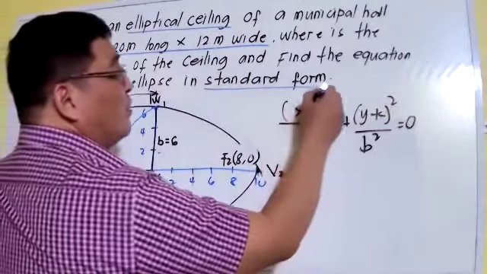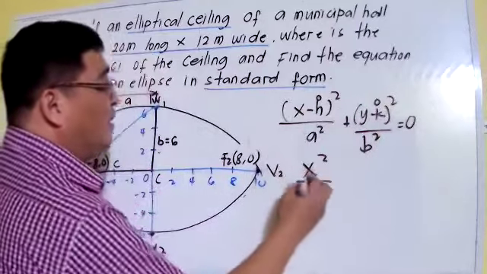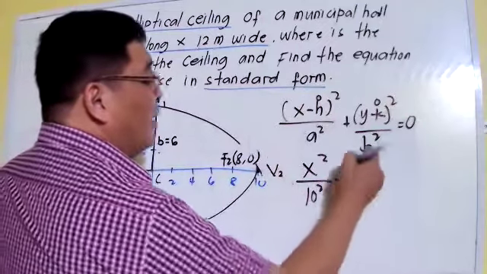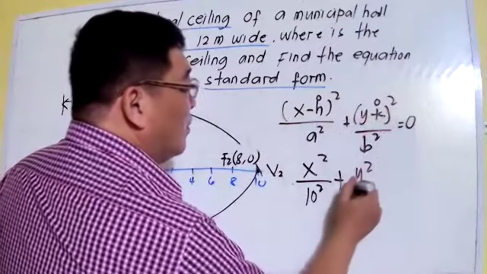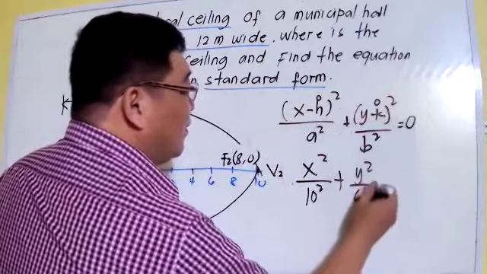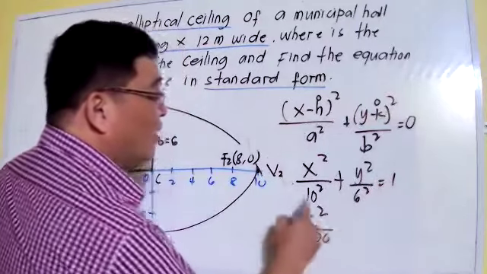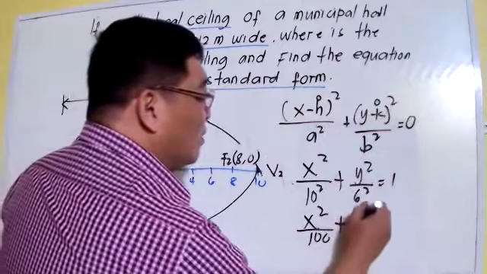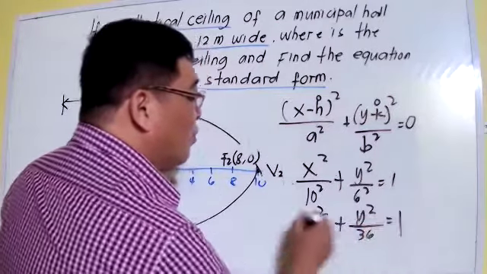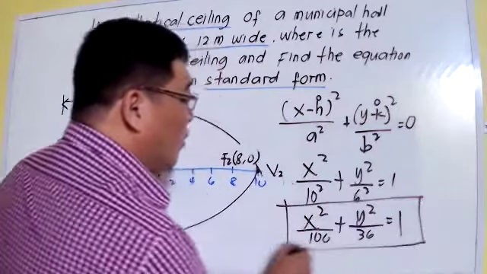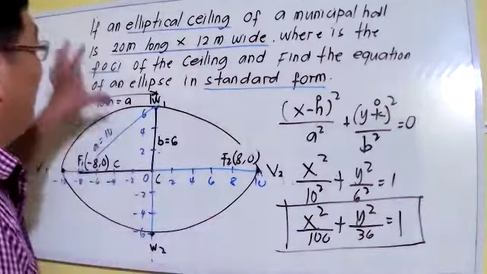Now, since h is equals to 0 and k is equals to 0, we have x square over 10 square plus y square over 6 square is equals to 1. So, x square over 100 plus y square over 36 is equals to 1. Ito na yung equation of an ellipse in standard form with this given problem.